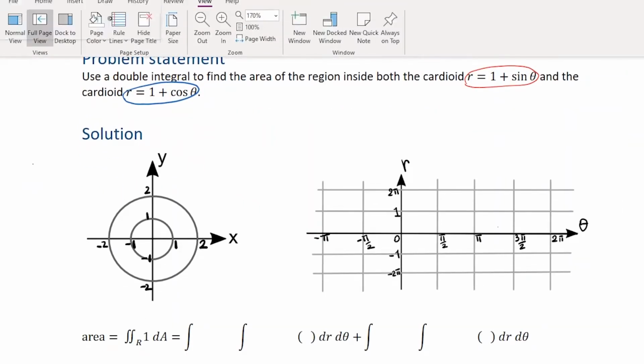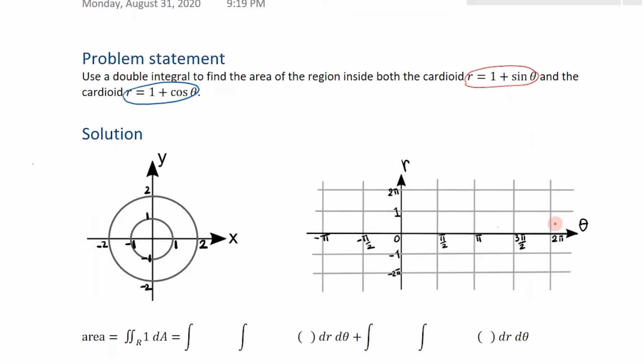The one in red on the r theta plane will look like this. It's going to have a value of 1 here, and then it goes like this, and like this. So the graph will look like that.